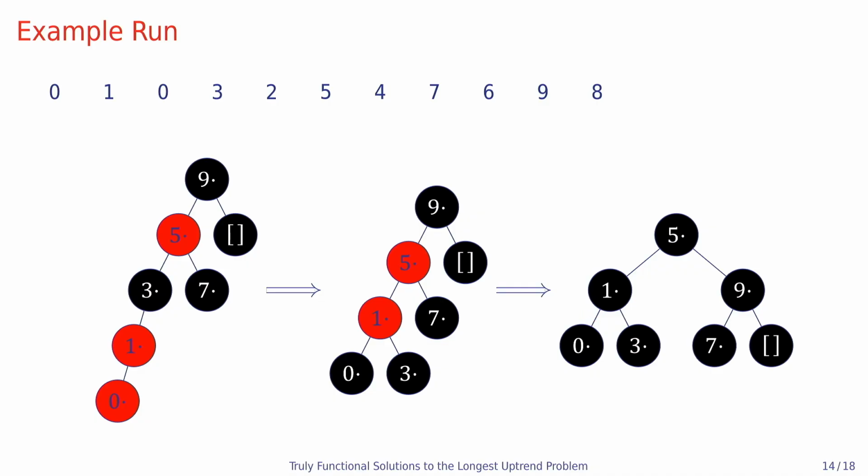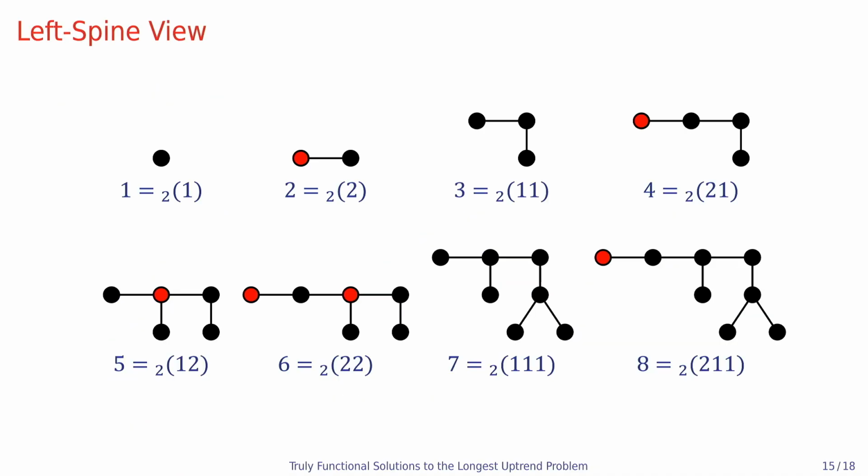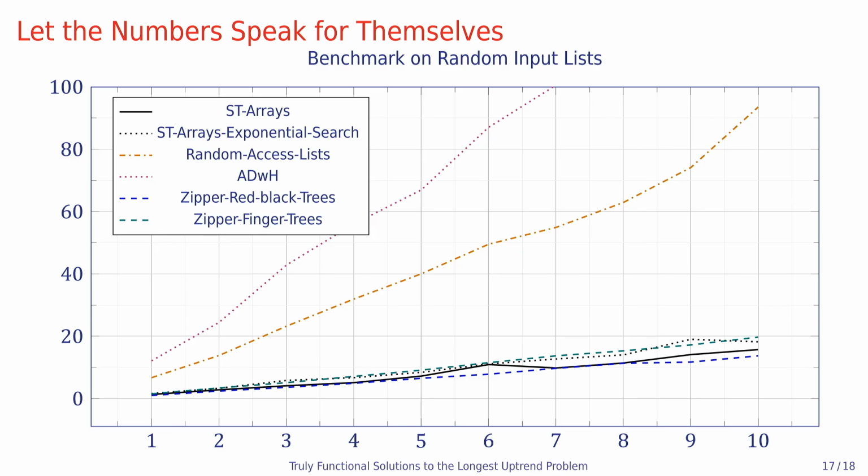If the input sequence is nearly sorted, then we only operate farther to the left. In this case, we have adaptive behavior, and it's much, much faster, and we actually get linear running time instead. If you want to see more benchmarks, I also refer to the paper.